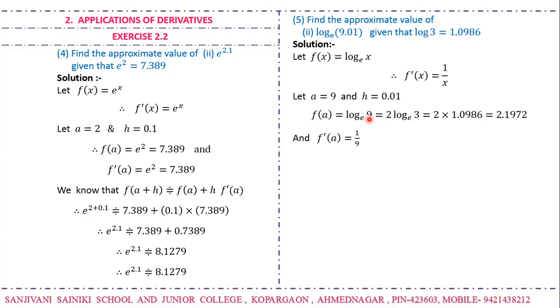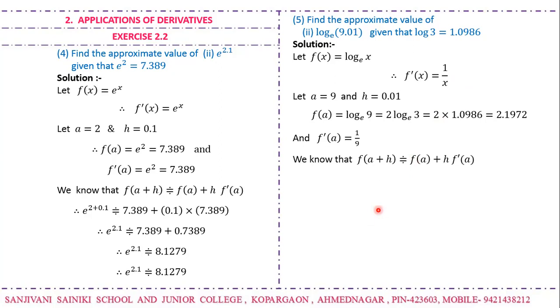This 9 can be written as 3 square, and that square 2 will go in front of the log using the index property. So 2 times log of 3 to the base e, but its value is given. Log of 3 to the base e is 1.0986. So we'll put that value, and after putting the value, we will multiply it by 2. And f dash at a is 1 upon 9.